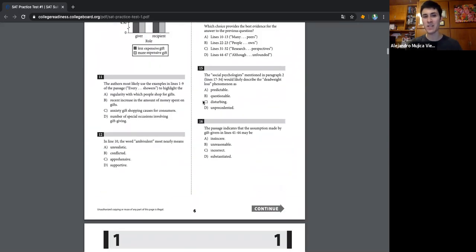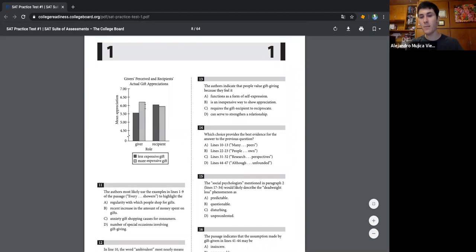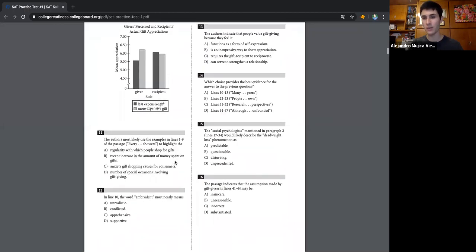And that would manifest in the graph by these columns, this and this being exactly the same or similar. Because if the givers really were able to know how the recipients would appreciate the gift, they would not have such a difference in their own perception, right? Does that make sense?